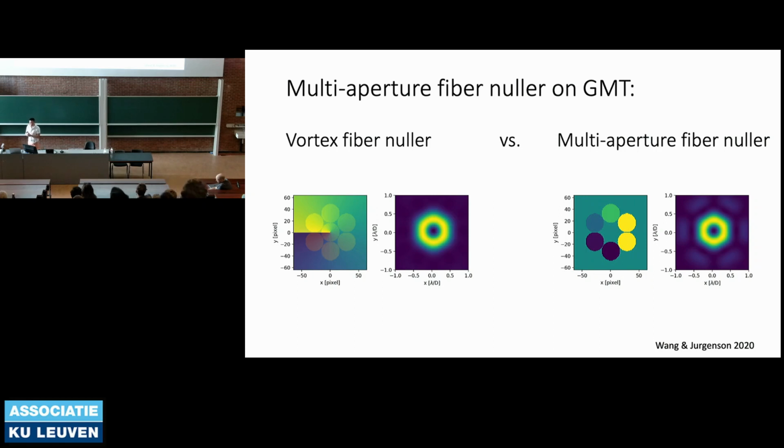Similarly, you can also modulate the piston of each sub-aperture, or put an aperture mask that changes the phase of each sub-aperture by, in this case, pi/3, so that around the circular apertures, you achieve this phase shift of 2 pi. And you can see that the end PSF or the throughput is very similar to a Vortex nuller.